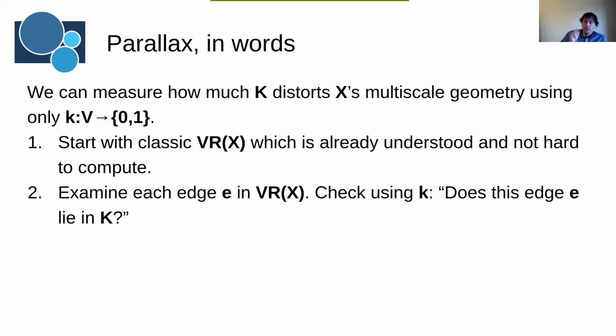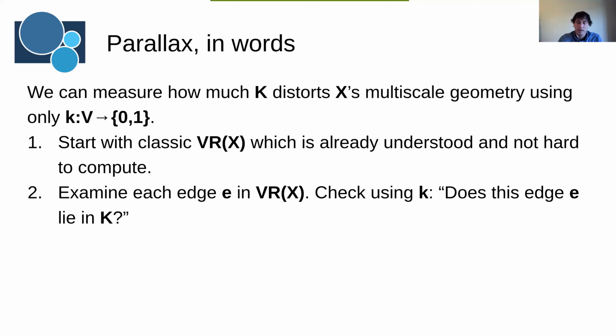Now what we'll do is, for each edge in that Vietoris-Rips complex, which remember is a simplicial complex, we'll use the oracle. We'll use this function and ask, does this edge lie in the model? We'll query the points along that edge, or the entire edge really, and see whether the edge lies in K. If it doesn't, then we do not include it in our parallax complex.